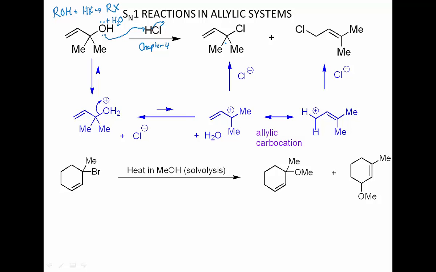Okay? But what we have going on here is a case where our carbocation really isn't what we have pictured there. Because of this adjacent double bond, there's actually a resonance interaction going on right here. Okay? And what we can say here is that we now have a resonance stabilized carbocation.